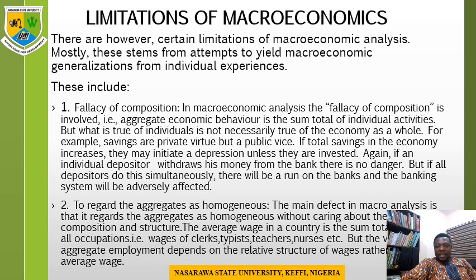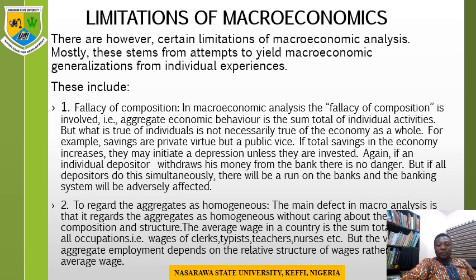In microeconomic analysis, the fallacy of composition is involved. That is, we are saying aggregate economic behavior is the sum of total individual activities. And that is the position of macroeconomists, to say that it is individual activities that sum up to give the total activities.